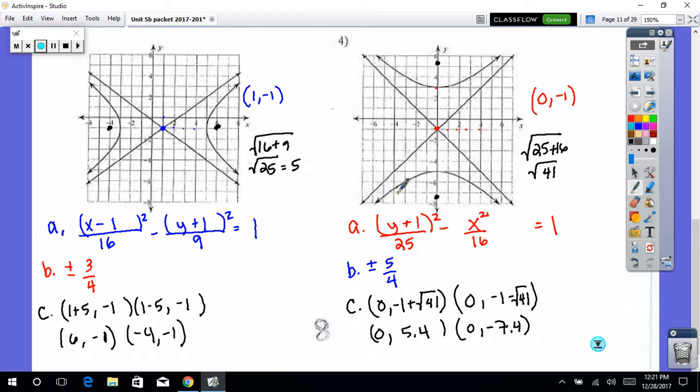Remember, inside the parabola, that's a big important thing you have to make sure of. That totally changes this coordinate. I literally just graphed 0, 5.4, and I'm inside my parabola, so I know that I did this correct. 0, negative 7.4, I know that I did that right. Okay, flip it over.